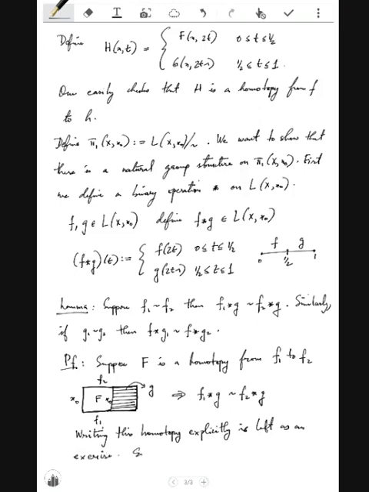Similarly, we can show that f star g1 is equivalent to f star g2.